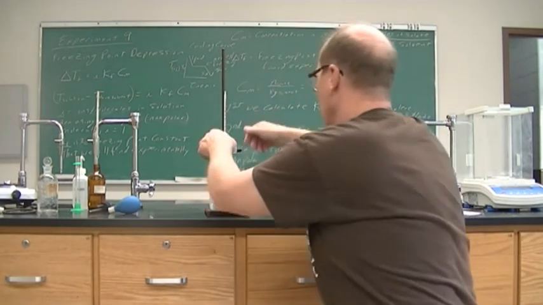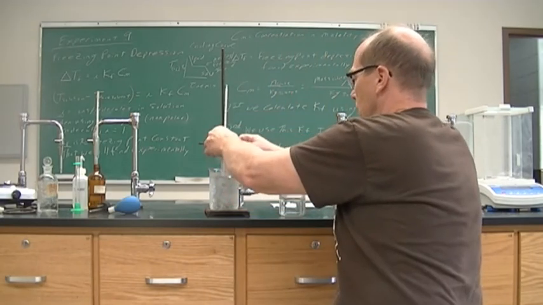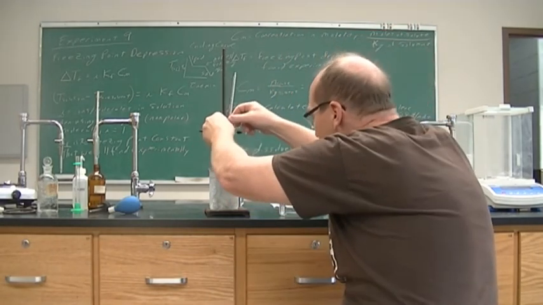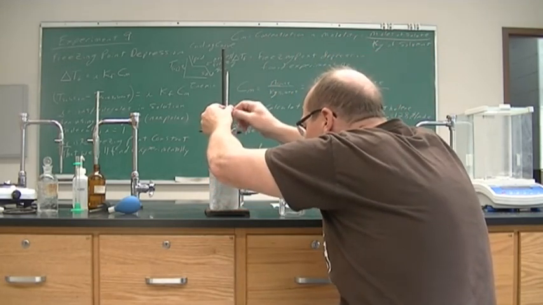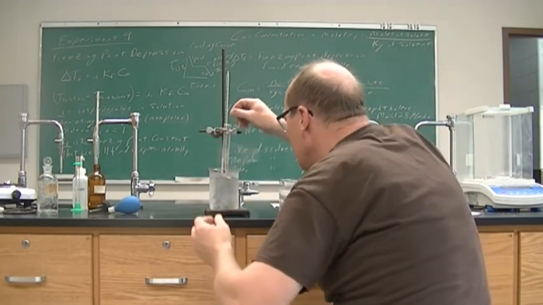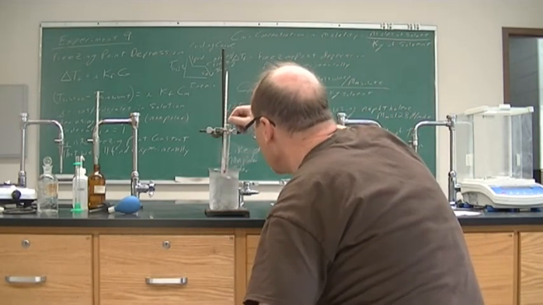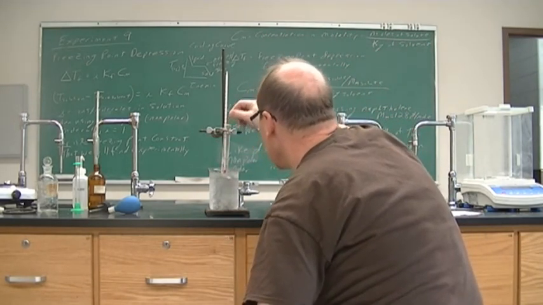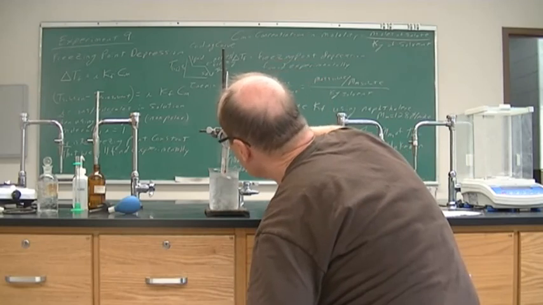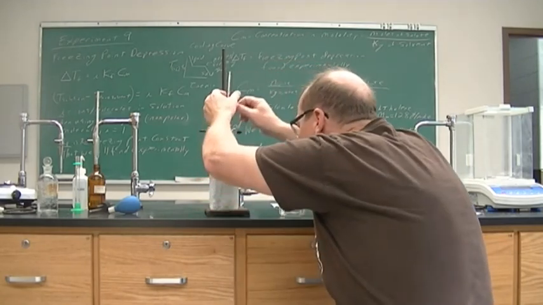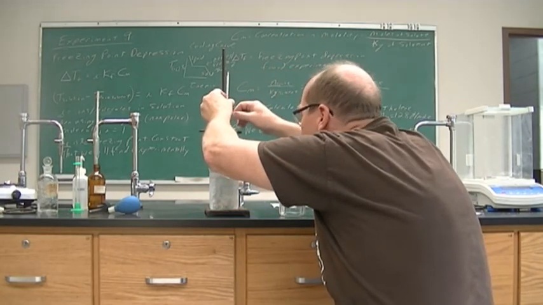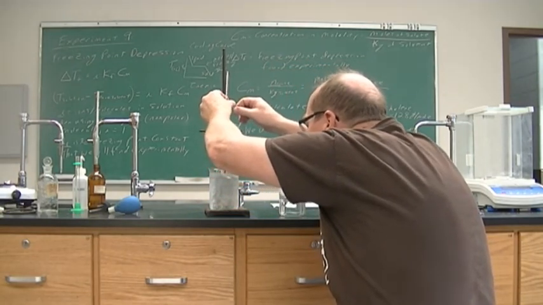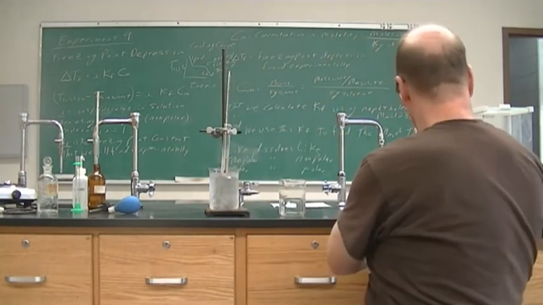All right, let's see what it looks like. Any solid in there? All right, so we do have some solid in there. All right, let's see. And solid gone. We are at 2.4 degrees Celsius.